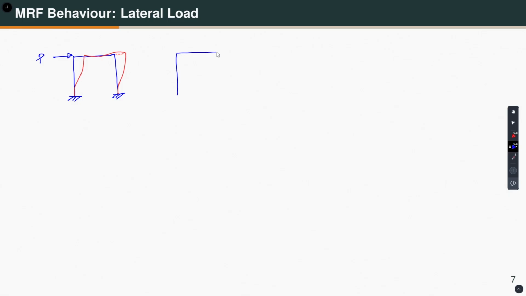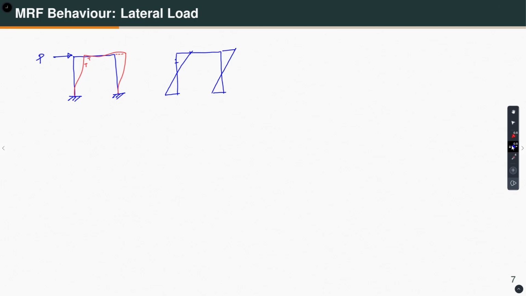The bending moment diagram is going to be, like I said at the beginning of this course, drawn on the tension side. This is tension here, this is tension here. So, you get a bending moment diagram like so, and here it is like this for the two columns. And for the beam, to satisfy joint equilibrium, if there is tension here at the beam bottom, it has to be tension.